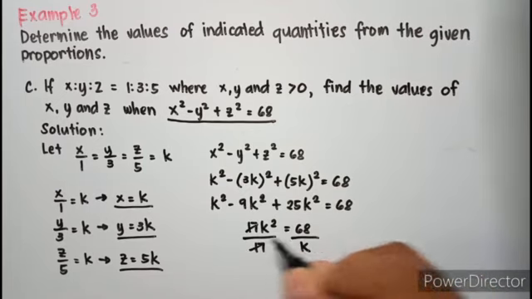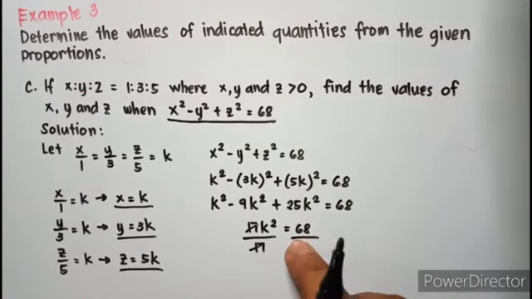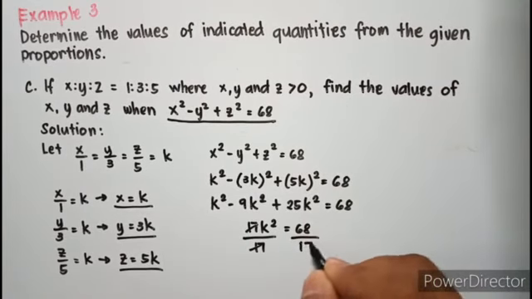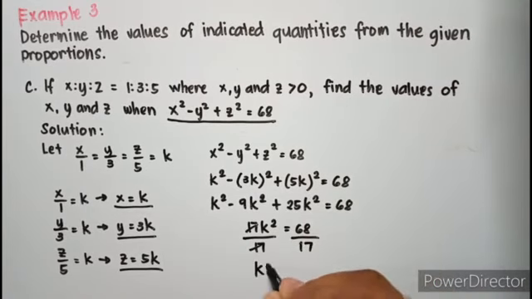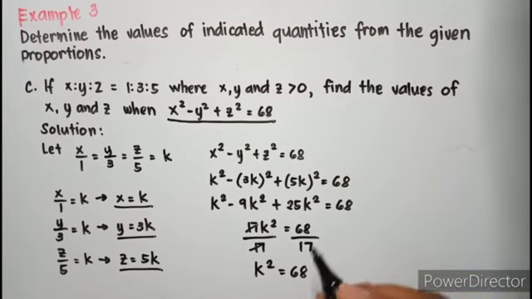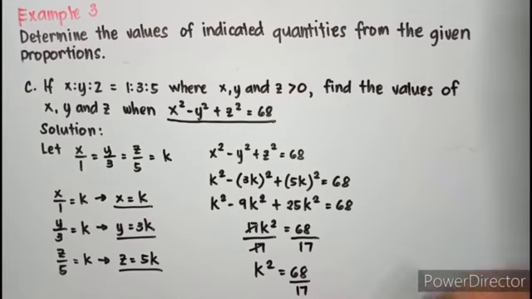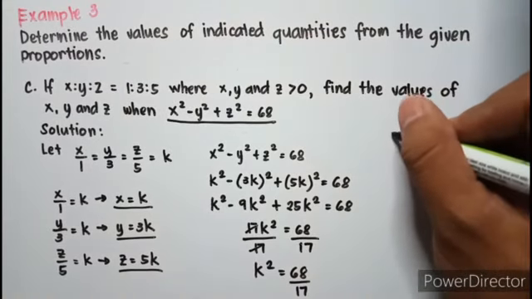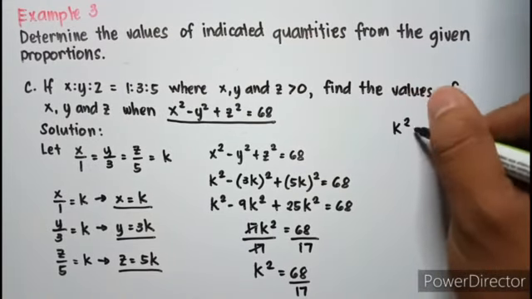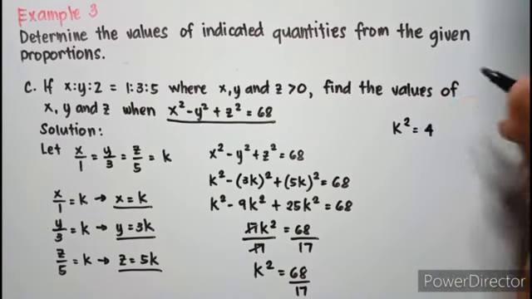Then divide both sides by 17. Cancel 17. So we'll have k squared is equal to 68 over 17. Then that will become k squared is equal to 4.